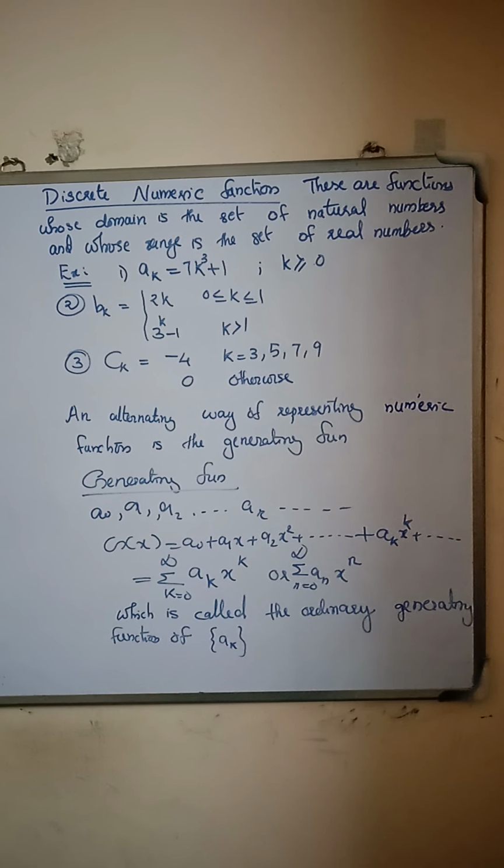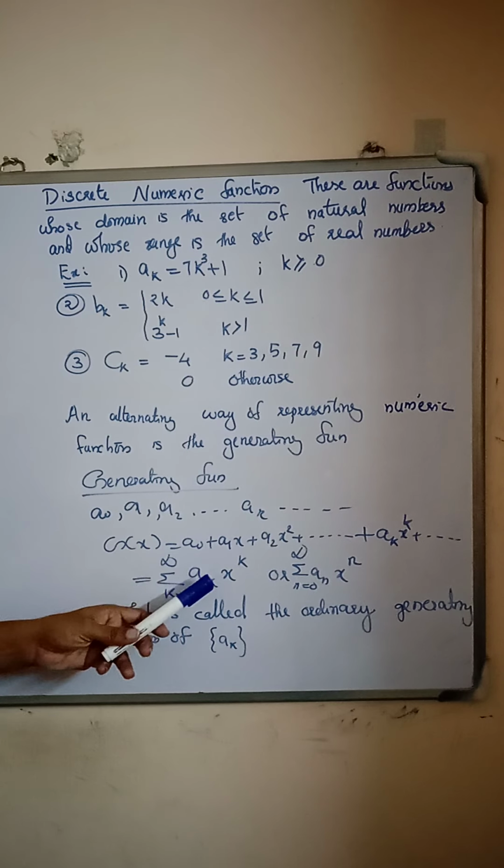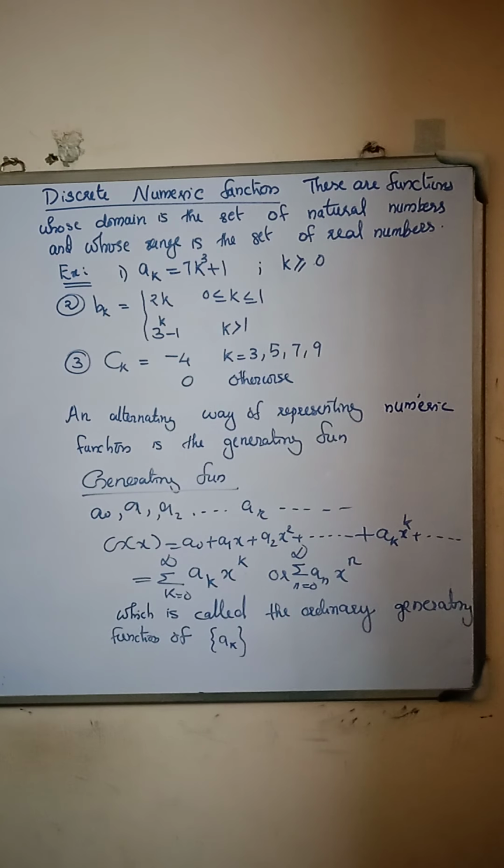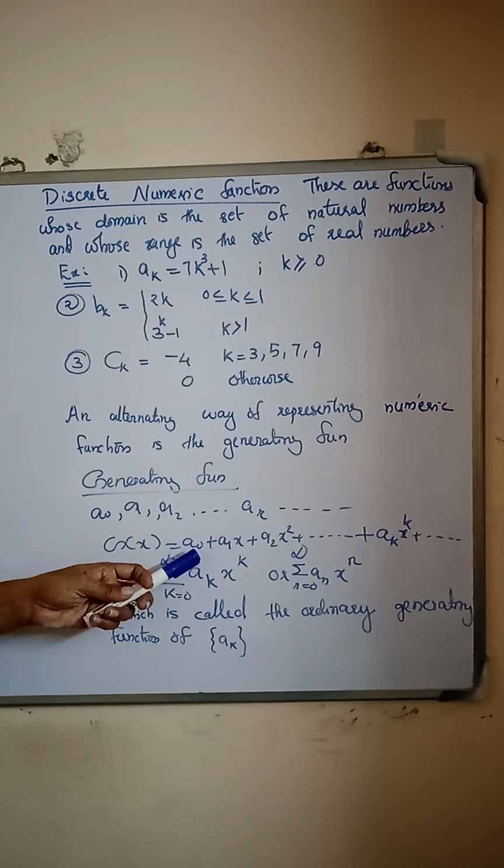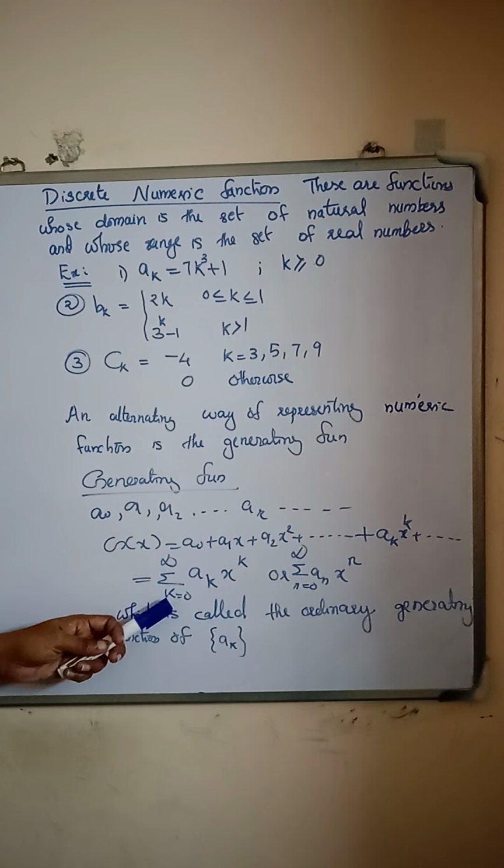Generating function corresponds to a sequence of terms. That is, the generating function for the sequence a0, a1, a2, etc., ak of real numbers is the infinite series g of x equals a0 plus a1x plus a2x square plus etc. plus ak x raised to k etc. That is, this summation is represented as sigma k is equal to 0 to infinity.